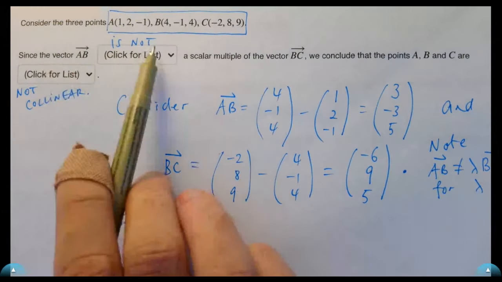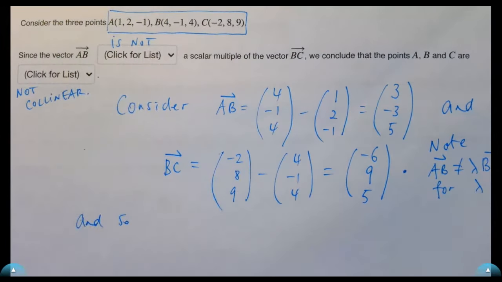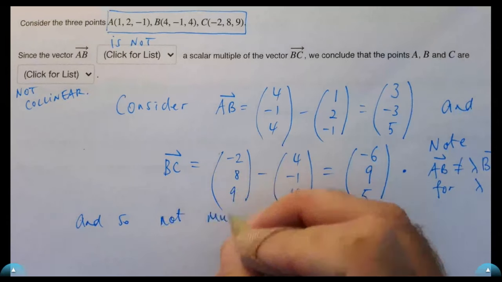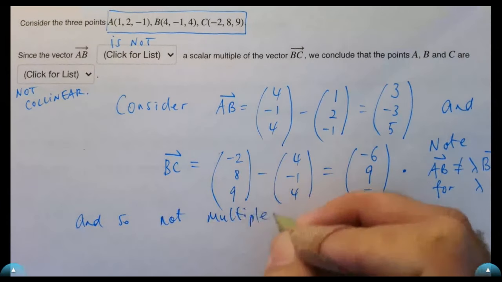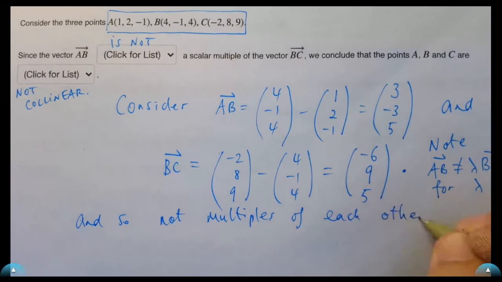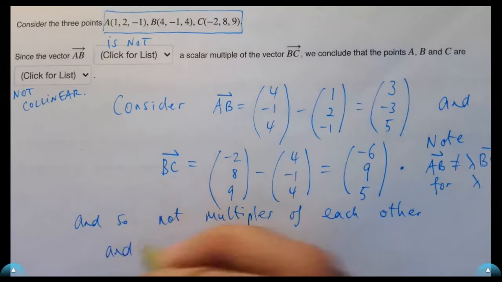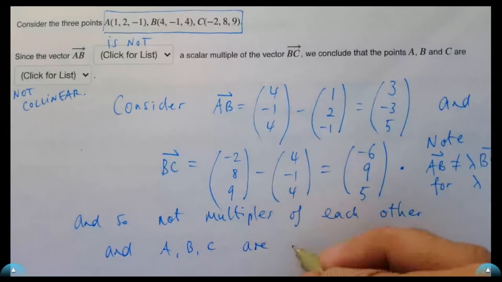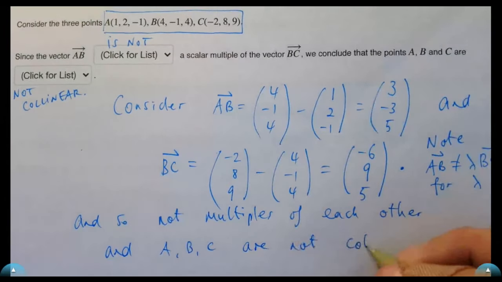Okay, so those things will drop down when you're just doing the exam or the practice exam. So they're not scalar multiples of each other. And A, B, and C are not collinear. So in other words, they do not lie on the same line.